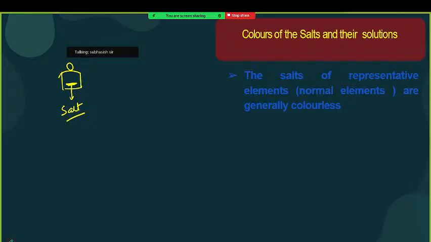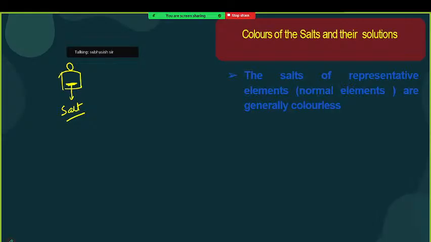Initial observation means that only by seeing the salt, you should think about what its expected nature would be. Just by seeing.